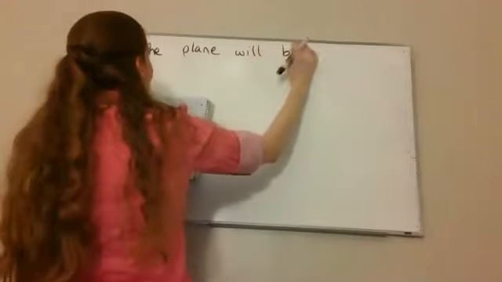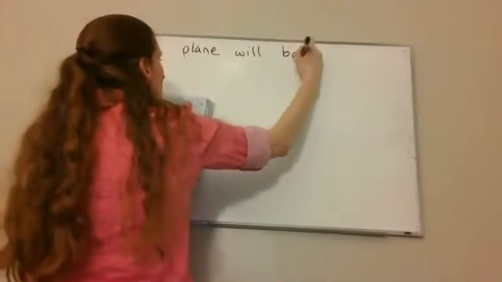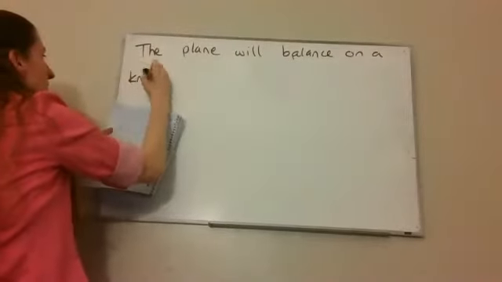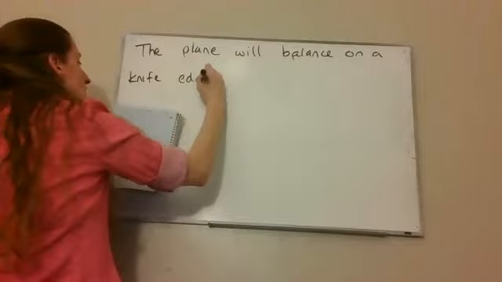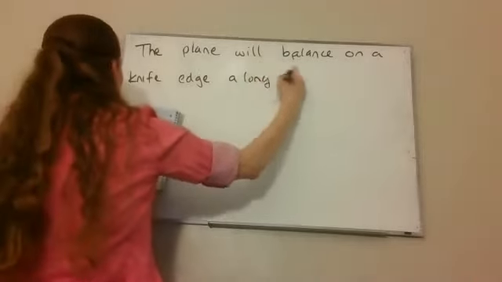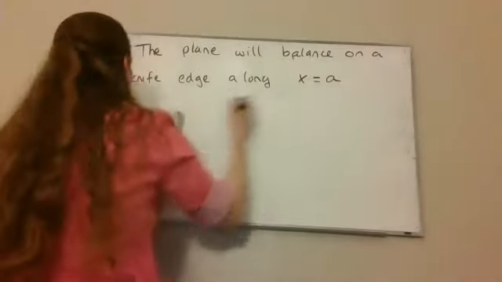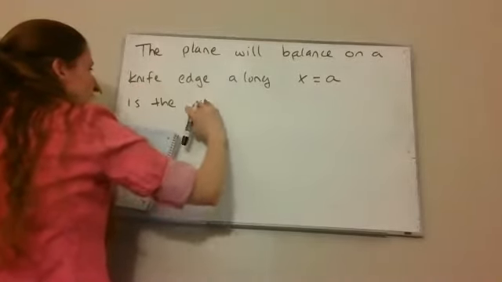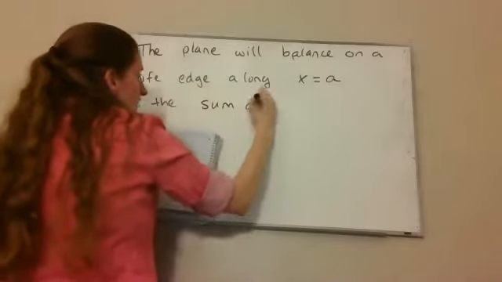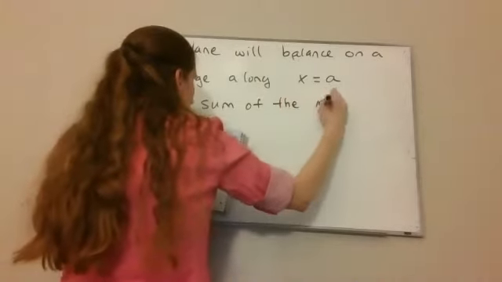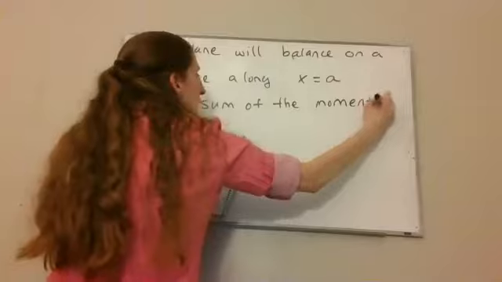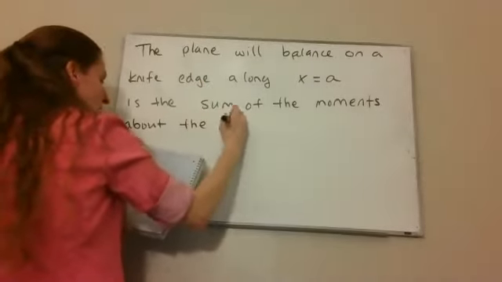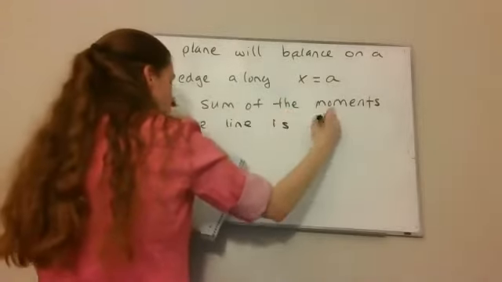So the plane will balance on a knife edge along x equals a if the sum of the moments about the line is 0.